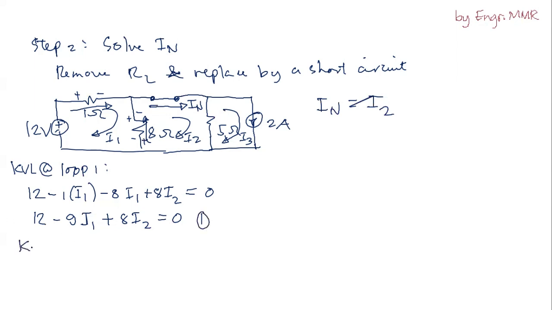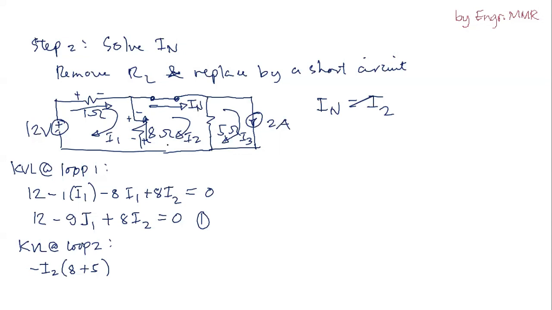So let's write the voltage equation at loop 2. In loop 2, you have minus I2 plus all the resistances that I2 is passing through. We have 5 and the 8. In the 8 ohm resistor, there is another current flowing through, and that is I1.